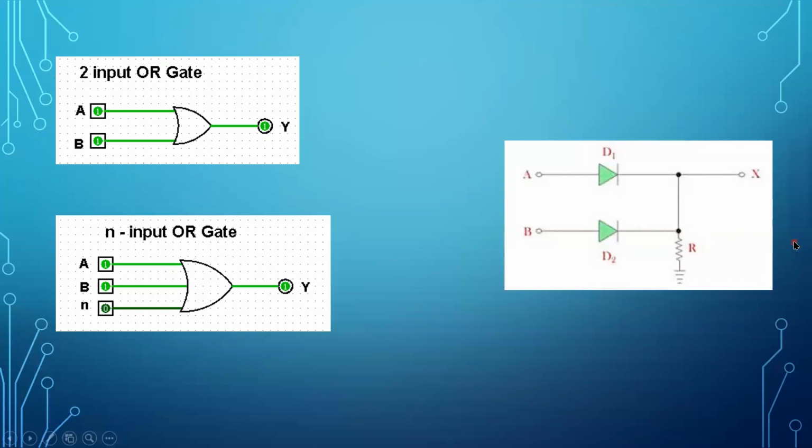So we will draw the truth table. First I need to draw the input names and output names.